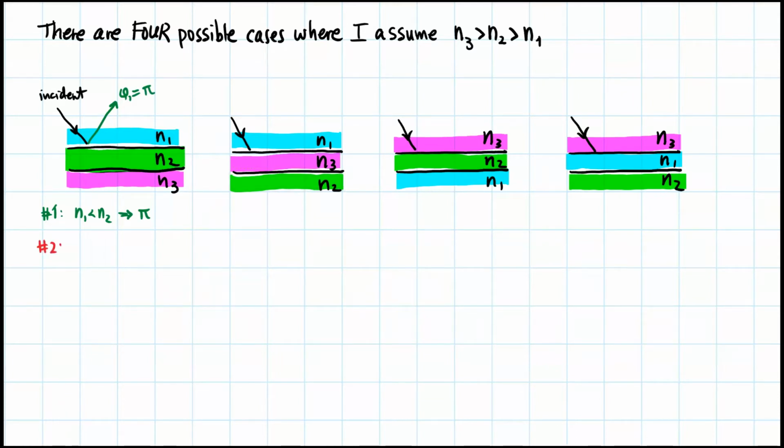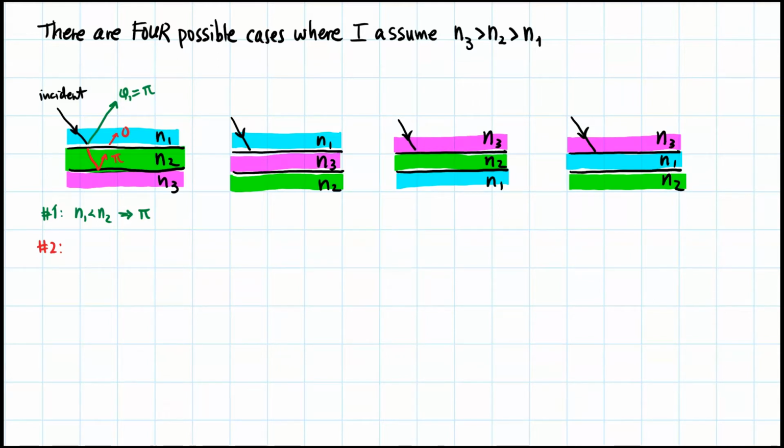Wave 2 has 2 phases, so as it goes from 1 to 2, and it reflects off the back end here, note that I'm going from a lower to a higher, so I get a phase of pi. But now, as it crosses from 2 to 1, I'm going to get a phase of 0 here, since I'm going from a higher to a lower.